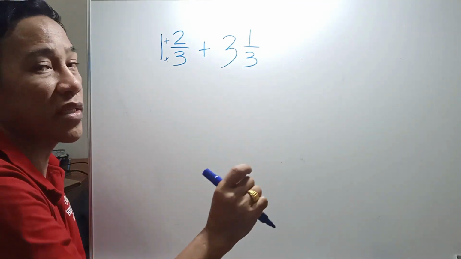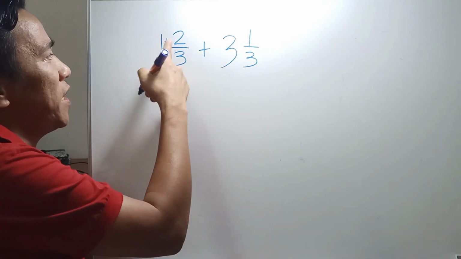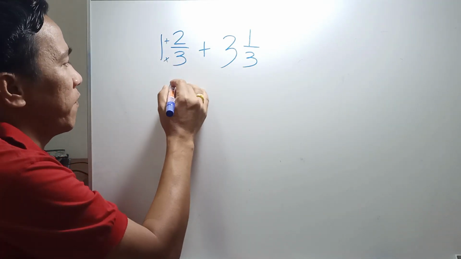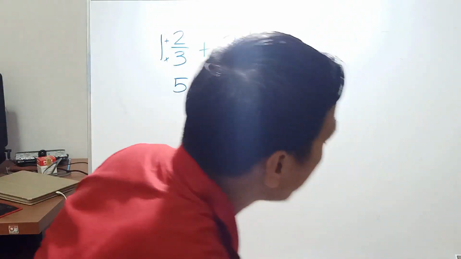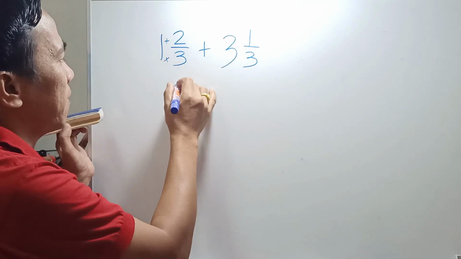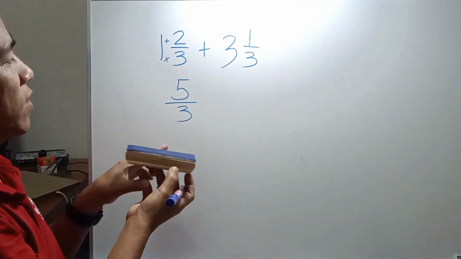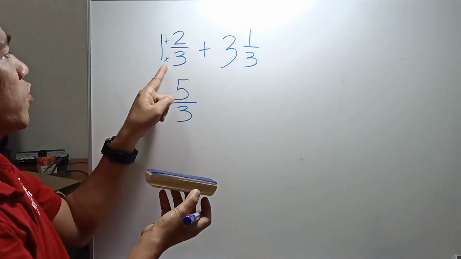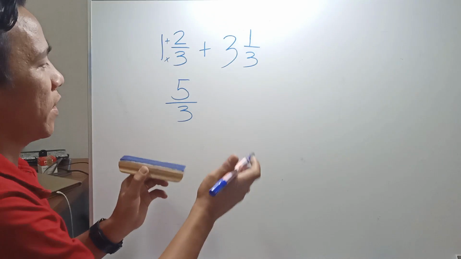So 3 times 1 is 3, plus 2 is 5. So it will become 5/3. Copy the denominator of 3.